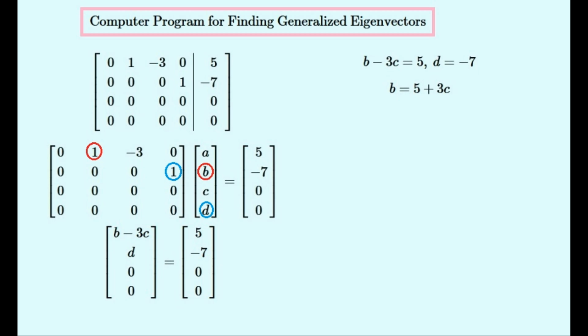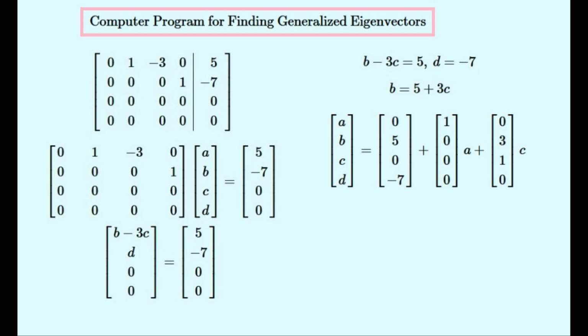You can probably see by now that B and D correspond to the columns that contain the leading ones in this matrix. The solution can be rewritten like this, since A and C can be nearly anything without affecting the solution. So these two vectors belong to the zero solution, and for our purposes may be ignored, leaving this as the solution to our equation.